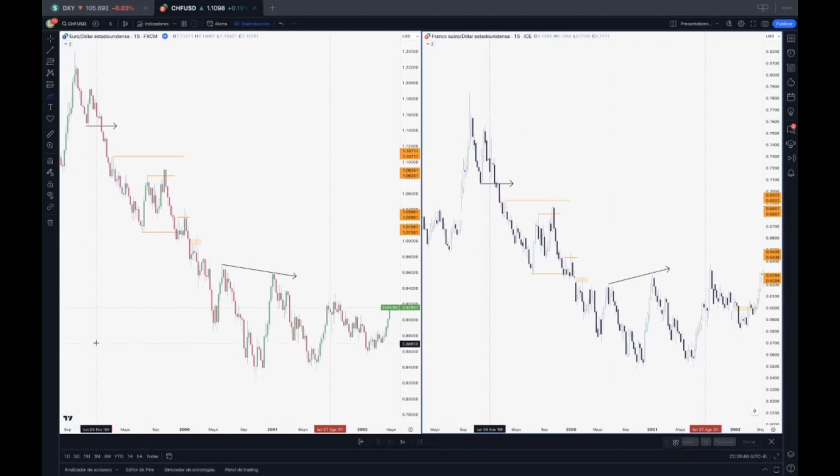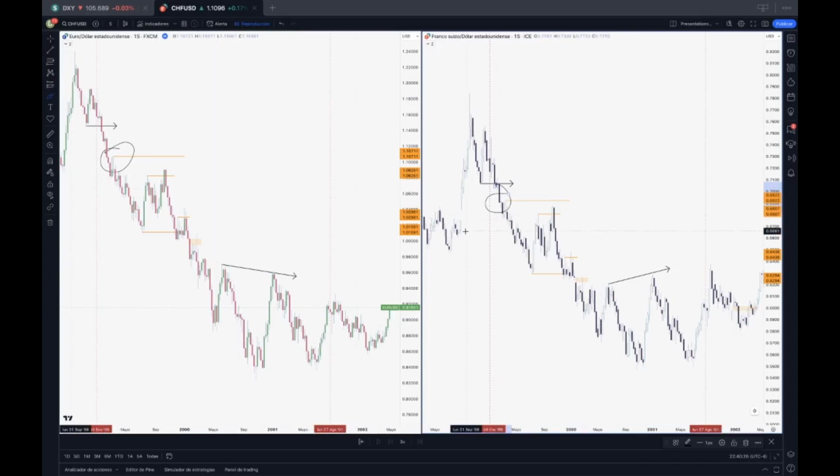We have right here 1999 to August 2001, and we can see what a positive correlation looks like. At the same time we have the break of structure. We have, for example, the buy side liquidity that wasn't taken here. It wasn't taken on the Swiss franc against the dollar. Right here, we have the EUR/USD on our left, and we have the CHF/USD on our right.